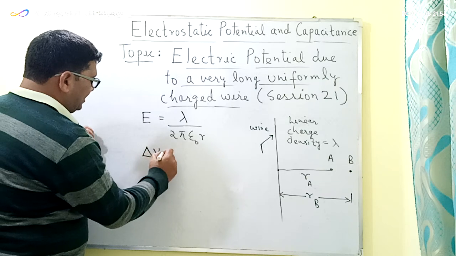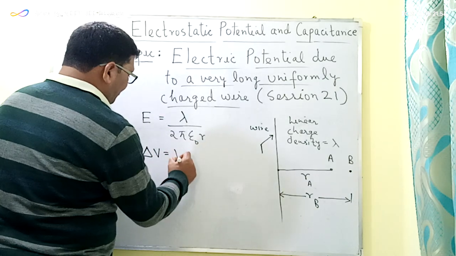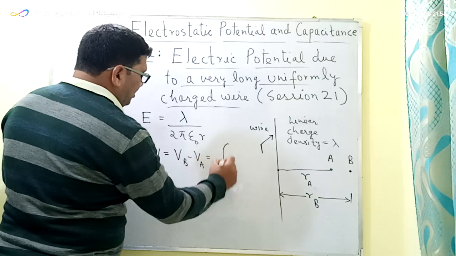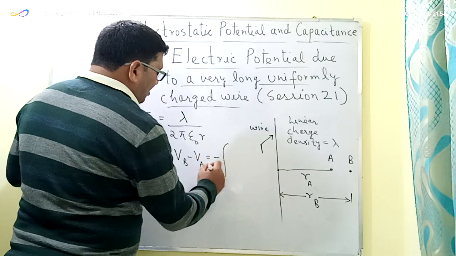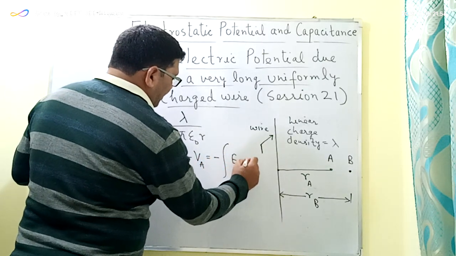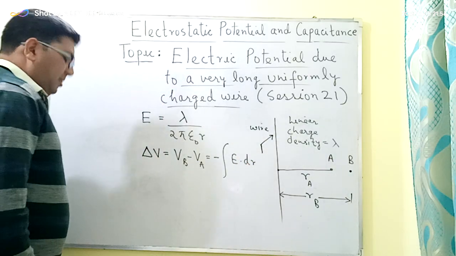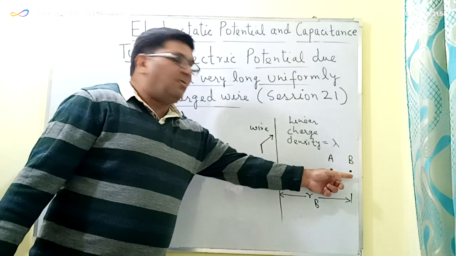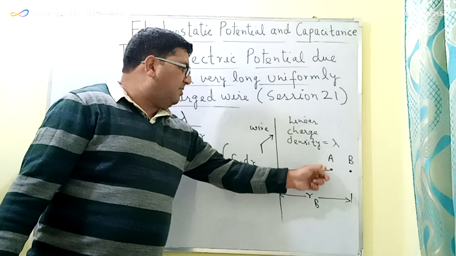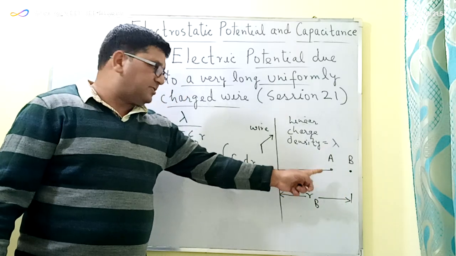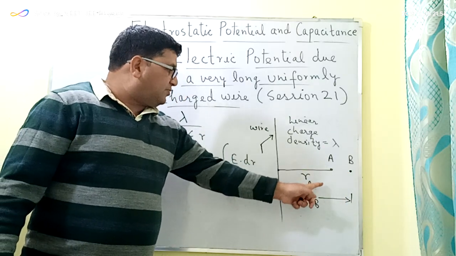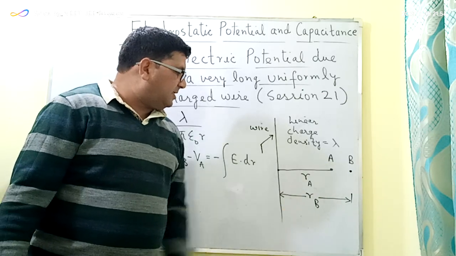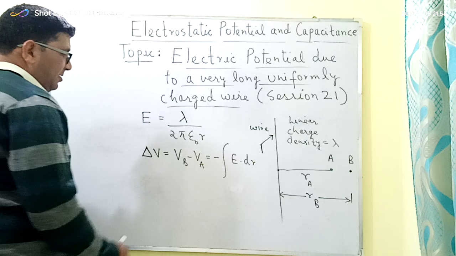The potential difference, that is delta V, that is VB minus VA, is also given by the negative line integral of E dot dr. So in this case I have taken 2 points here, and we will be finding the potential at the point B if the potential at the point A is known to us. Now this point A is situated at a radial distance of RA, and the point B is situated at a radial distance of RB from this wire.